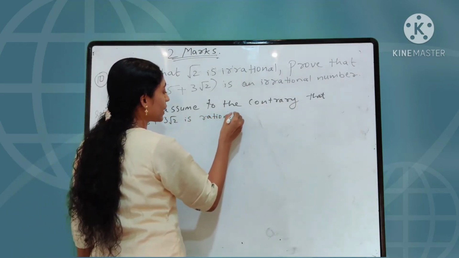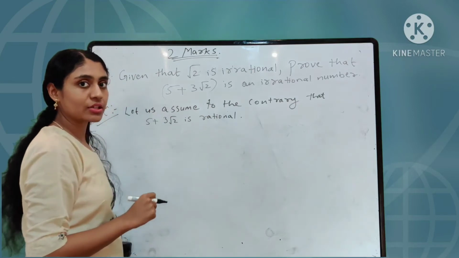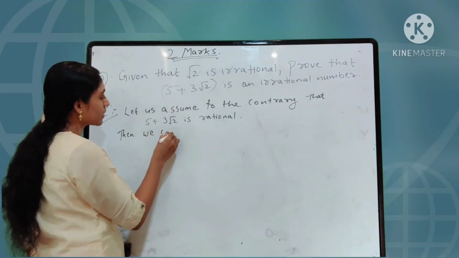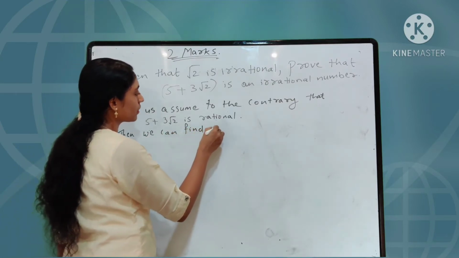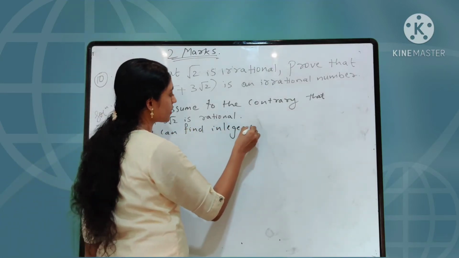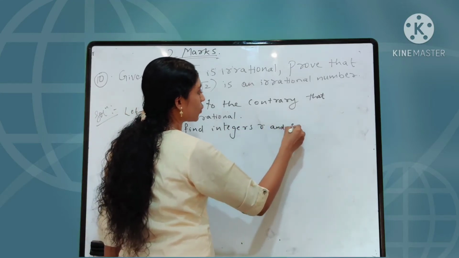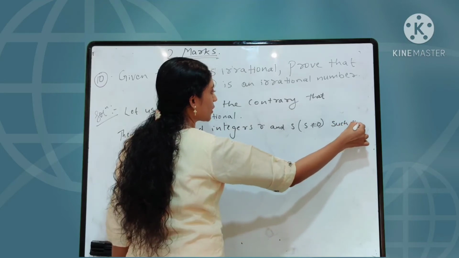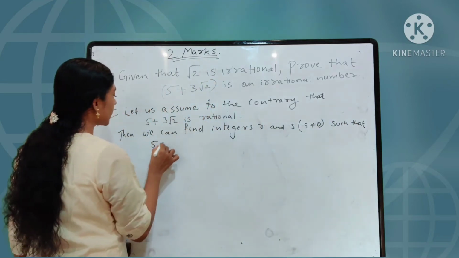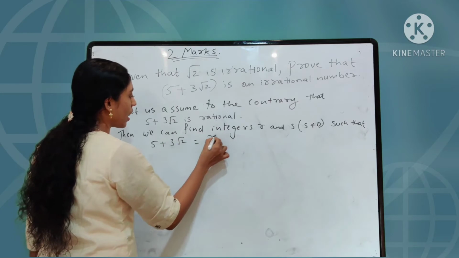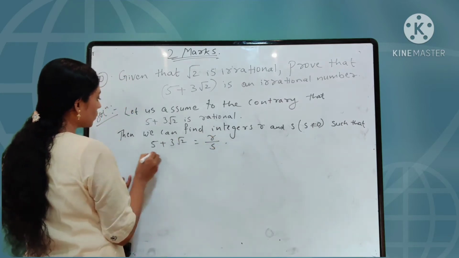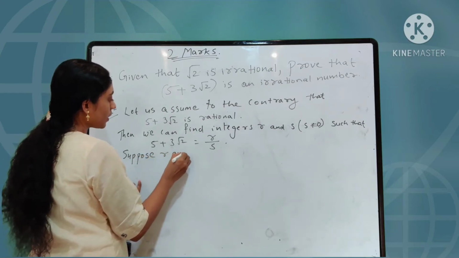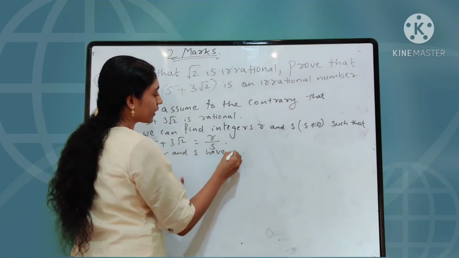So to prove their irrationality, we first assume that it is rational. Then we can find integers R and S, where S is not equal to 0, such that 5 plus 3 root 2 is equal to R by S, right? Now suppose R and S have a common factor other than 1.